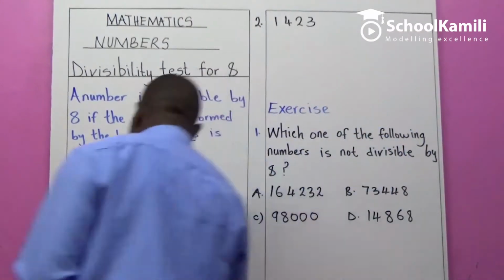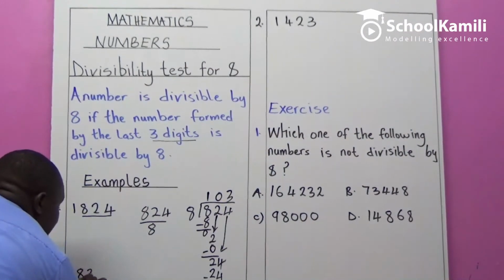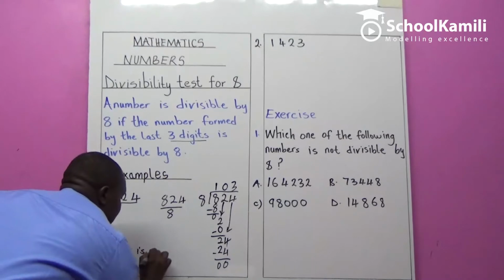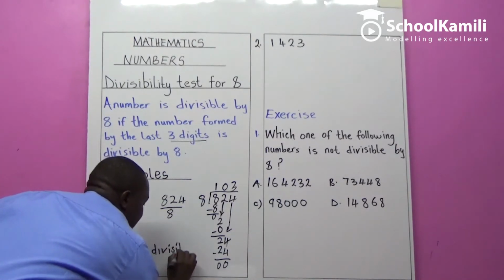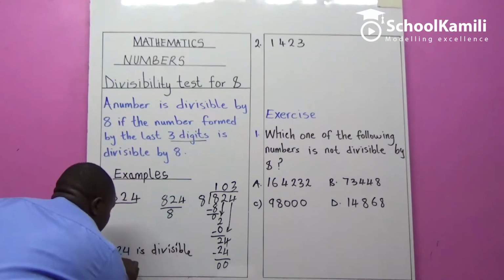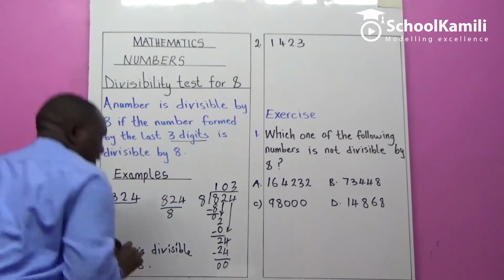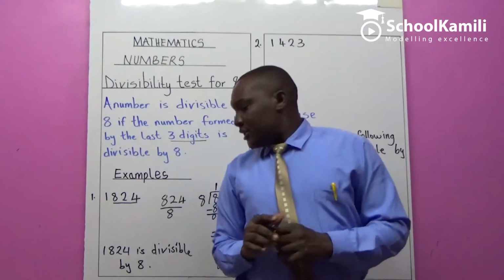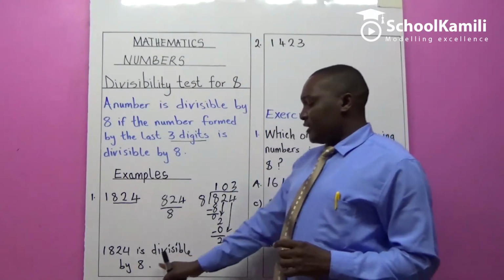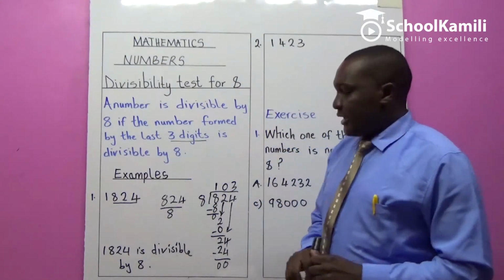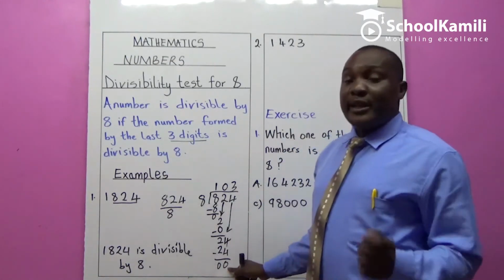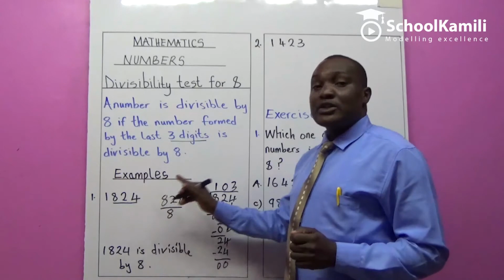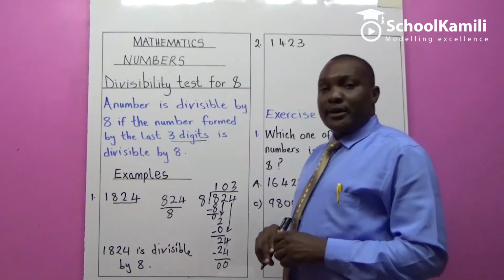So we will say 1824 is divisible by 8. That is what you're supposed to do. When you get a remainder here, then you will say that number is not divisible by 8.